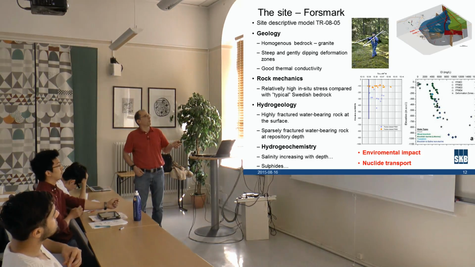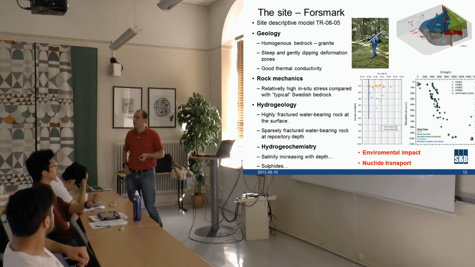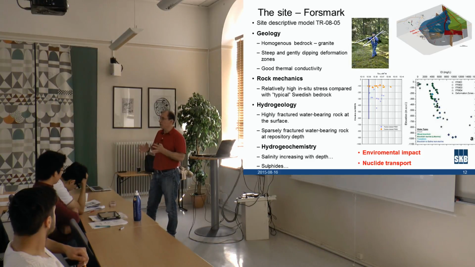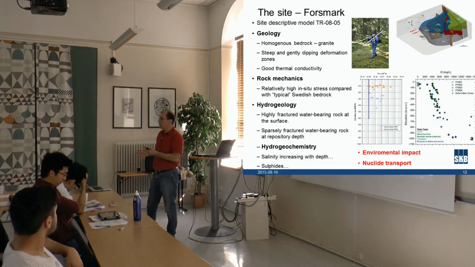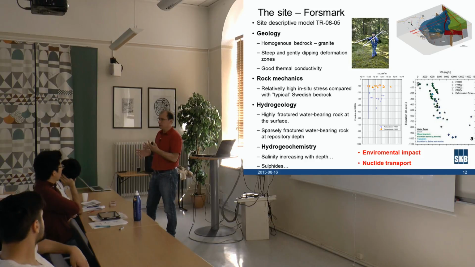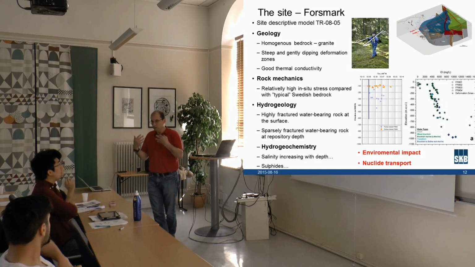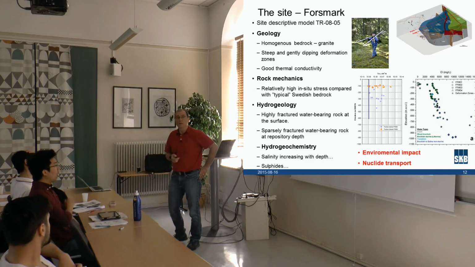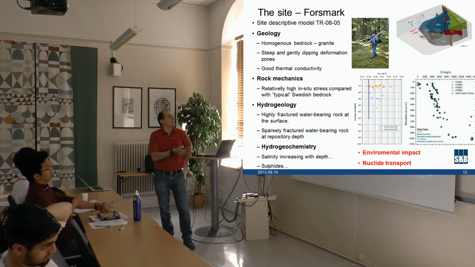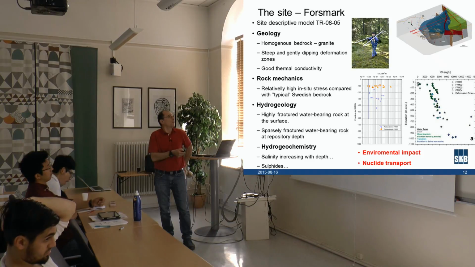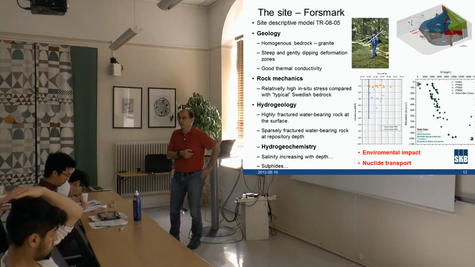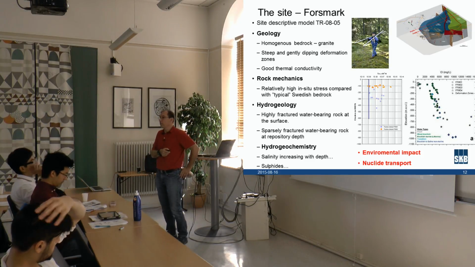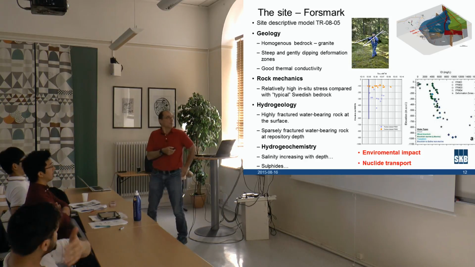For interested people, you may know that all our models and all our investigations made are published, so anyone can download them from our website. TR0805 is the site descriptive model for Forsmark.